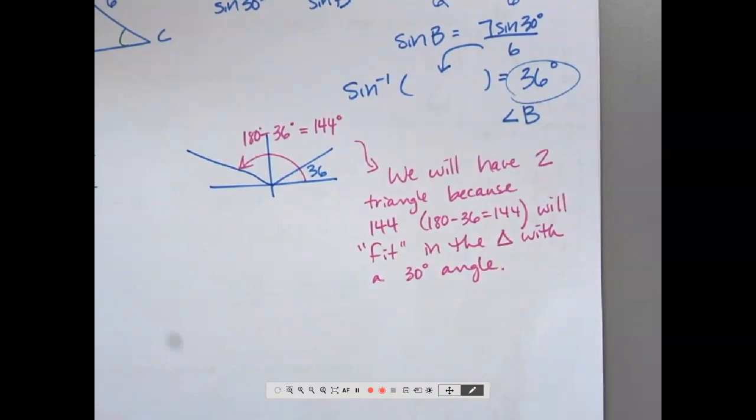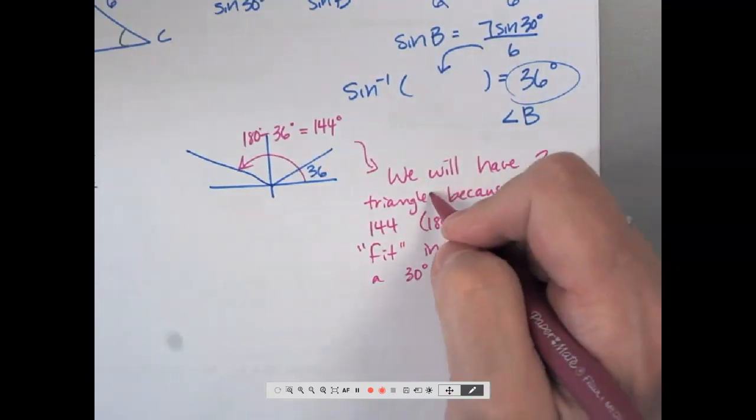So if we have enough left over for a third angle, then that tells us that there will be 2. So jot that down and then really read it and see if you have a question on that. And that should be triangles.